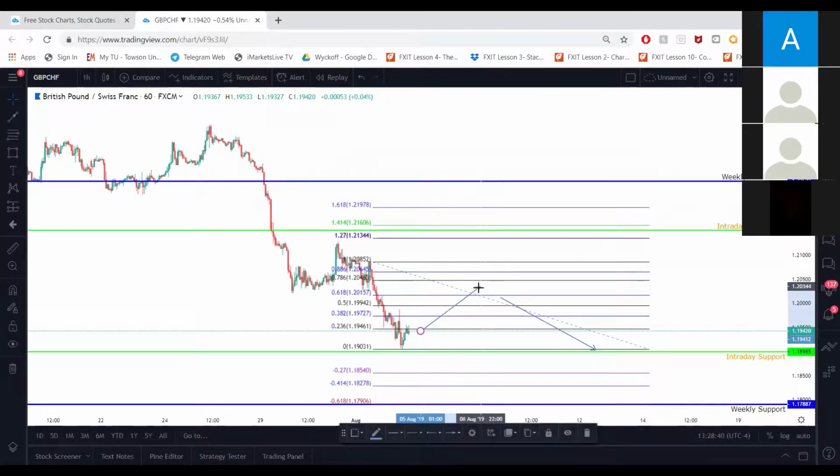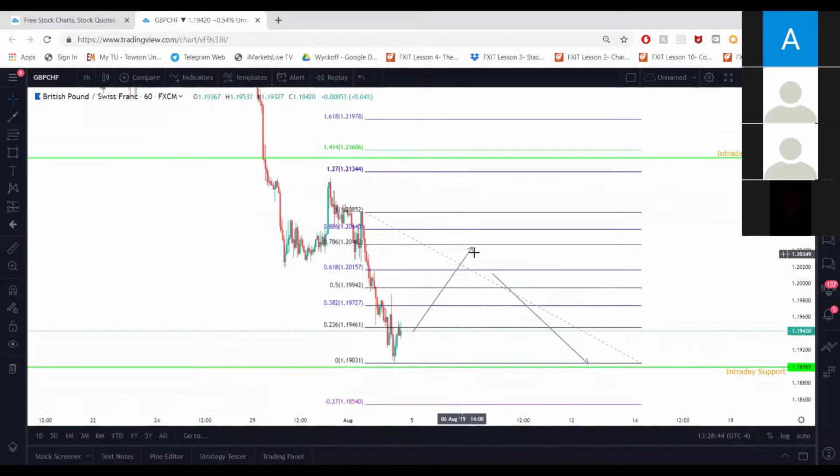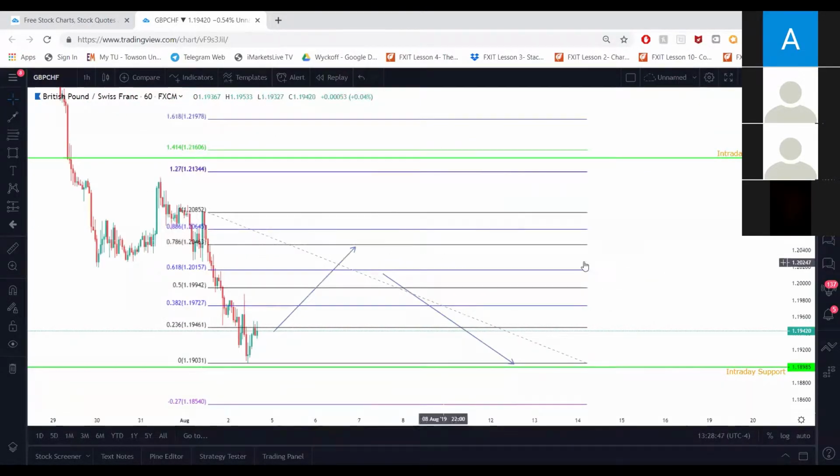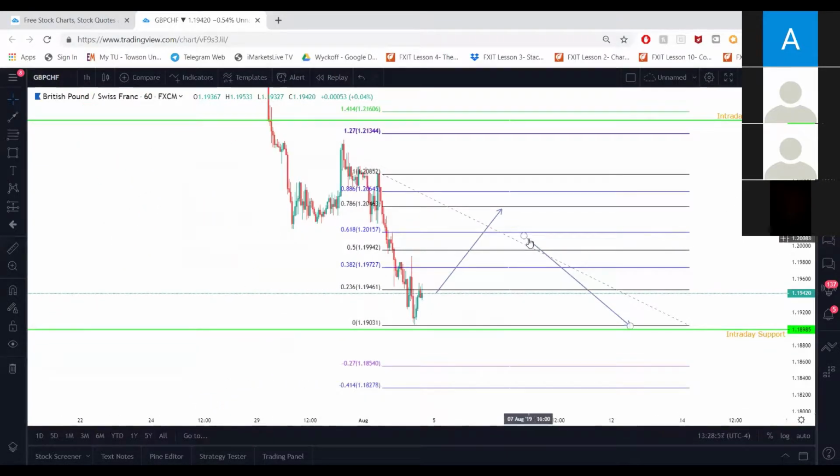As long as this respects up to 78.6, which could also be the retrace, because 78.6 on a trend is the last level of the retrace before actually the trend reverses. And that is all I would look for.